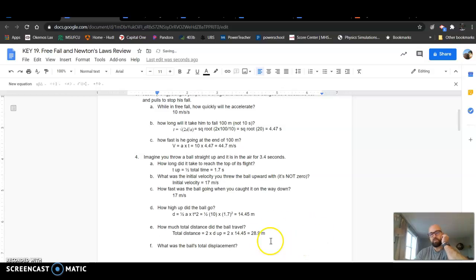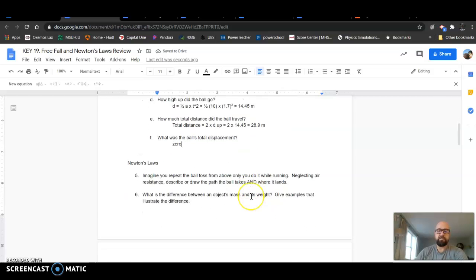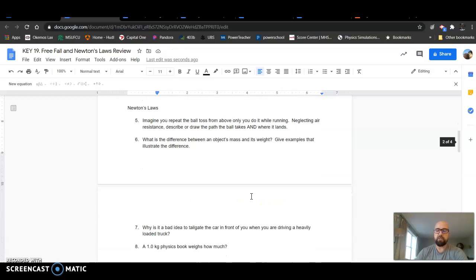And then the ball's total displacement. So you remember displacement is the vector version of distance, and so that would be a positive 14.45 and a negative 14.45. So total displacement is 0. So that's our free fall stuff, and I'd encourage you to look over your free fall lab and worksheet that we did with that as well.